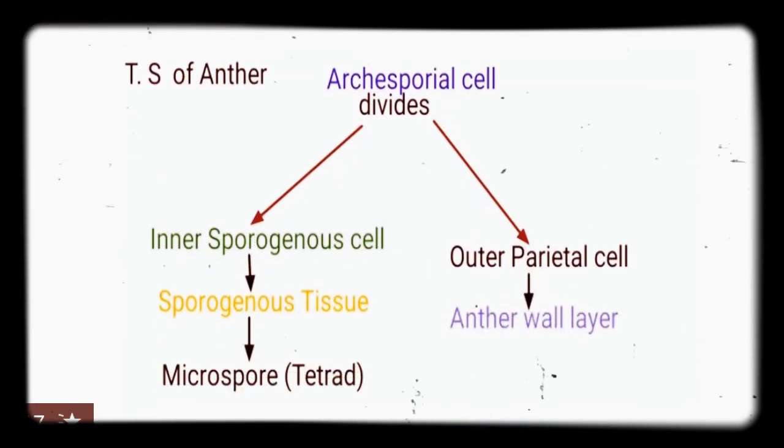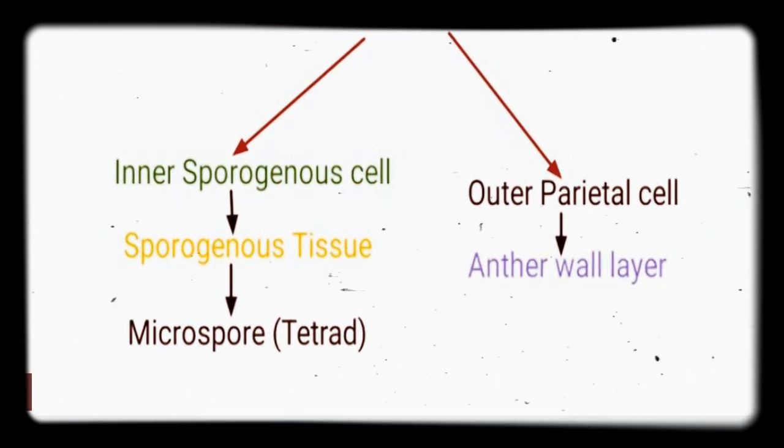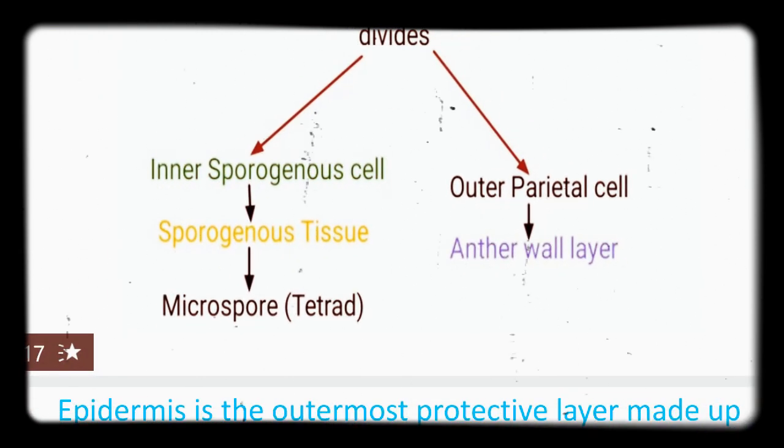So now the TS of anther includes the archesporial cell, which divides into 2 types of cells: the inner sporogenous cell and the outer parietal cell. The sporogenous cell converts into sporogenous tissue, which finally converts into microspores forming a tetrad, a 4 spore structure.